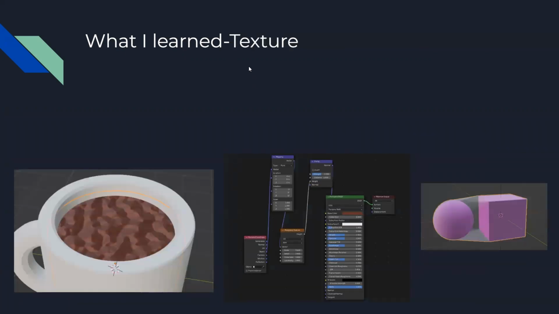So for textures here, this is a coffee mug. This smooth beard texture here is made by connecting the texture coordinates and the mapping. So it has a Musgrave texture and I just changed the color here.